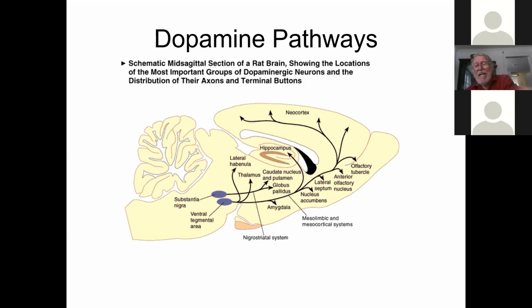And of course, anything that's acting on the A10 cell group or the A8 cell group or whatever is also acting on receptors of the A12 cell group, which is found in the anterior pituitary. So under normal circumstances, dopamine in the anterior pituitary is inhibiting prolactin expressing cells.